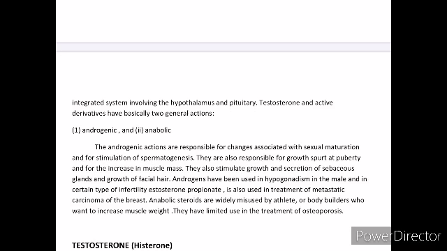So androgens have been used in hypogonadism in the male and certain types of infertility. Testosterone propionate is also used in the treatment of metastatic carcinoma of breast. Anabolic steroids are widely misused by athletes or bodybuilders who want to increase muscle weight. They have limited use in the treatment of osteoporosis.